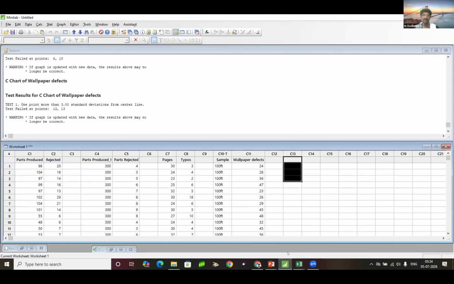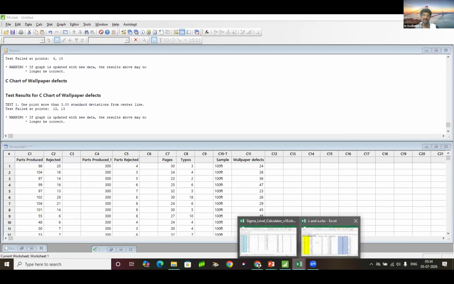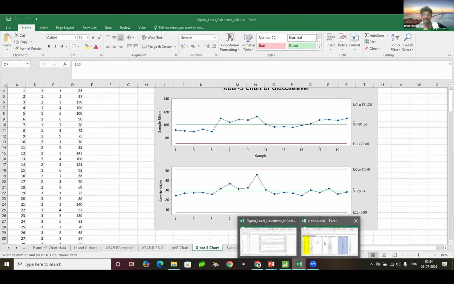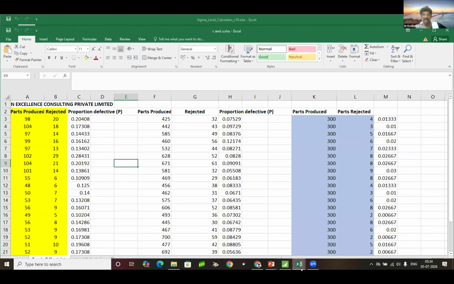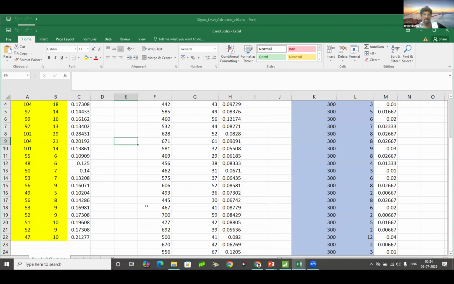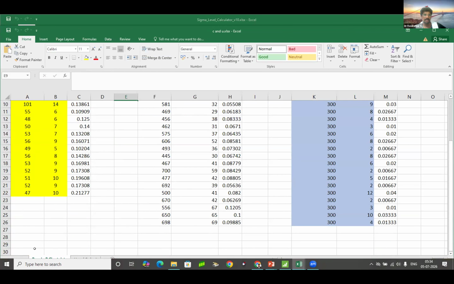So all of you can open this sigma level calculator. I think this is not present in it. I have shared the chart and your Excel sheet, but I believe it is not in that, right? Let us check whether there is XBAR.